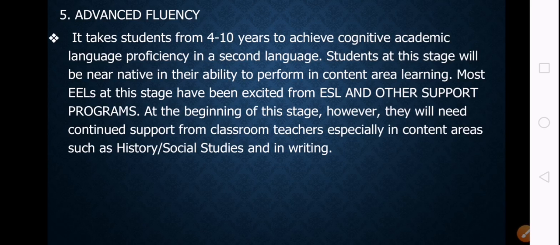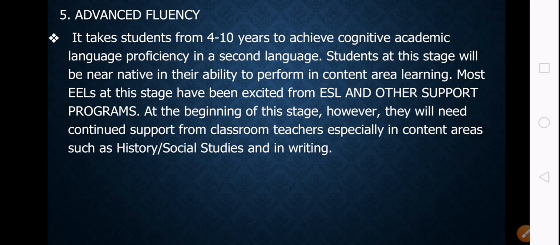The last stage is the advanced fluency. It takes students from 4 to 10 years to achieve cognitive academic language proficiency in a second language. Students at this stage will be near native in their ability to perform in content area learning.